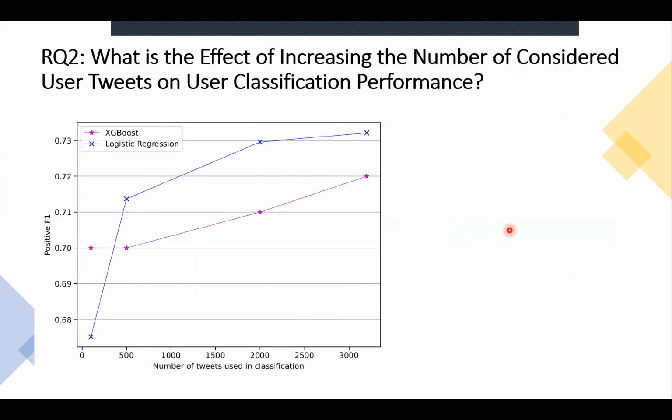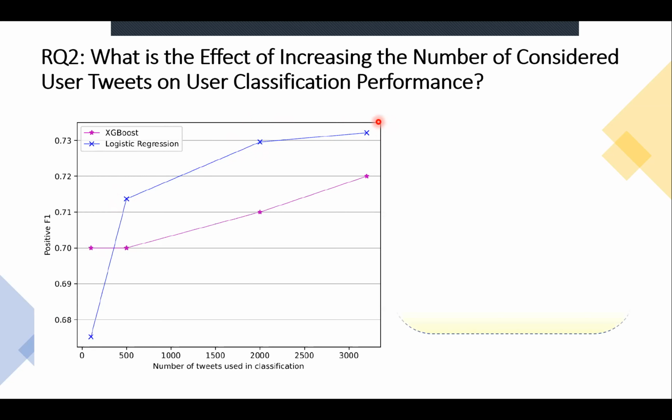I tried different experiments. The first experiment is when I use only 100 tweets to classify the user. Then we increased the number of tweets to 500, and you can see that performance is slightly better. After that, we used 2,000 tweets and then 3,200 tweets, which is the maximum number of tweets that I can retrieve from the Twitter API.